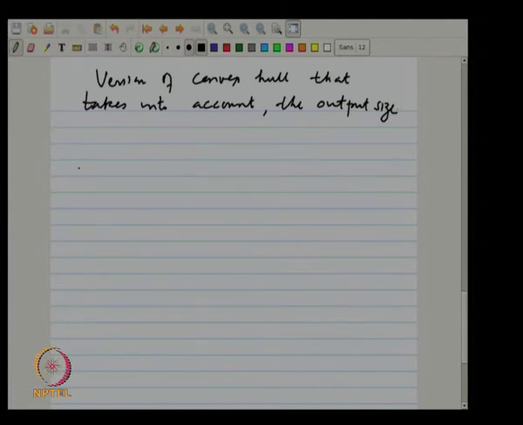Given a set of n points. So, we talk about 2-dimensional convex hulls. If you can get a lower bound on 2-dimensional convex hulls, it automatically implies lower bounds for higher dimensional convex hulls also, right.